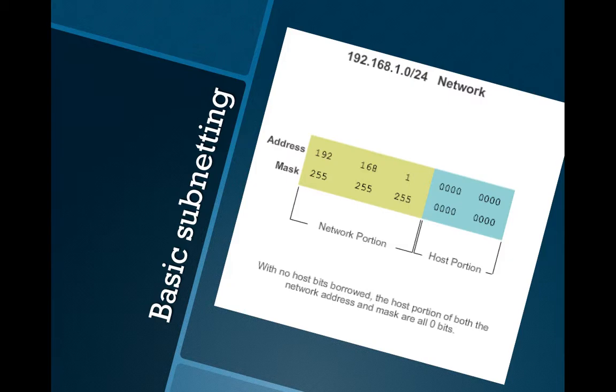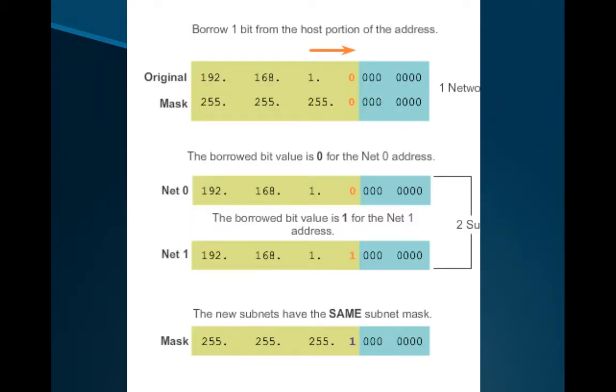As shown in the image, for the 192.168.1.0 address, one bit is borrowed from the most significant bit in the host portion. It's the red one in the image.